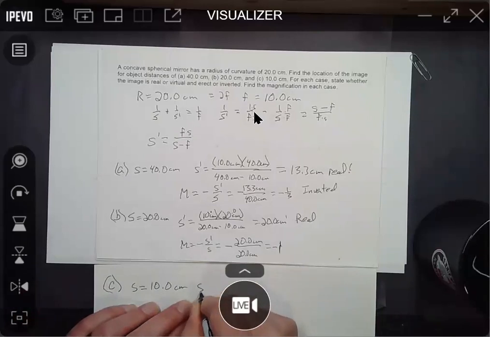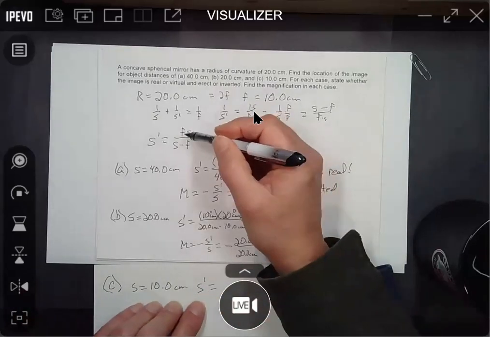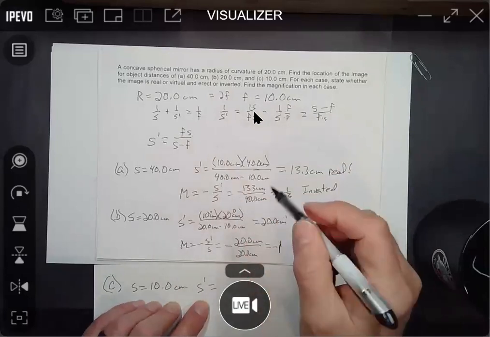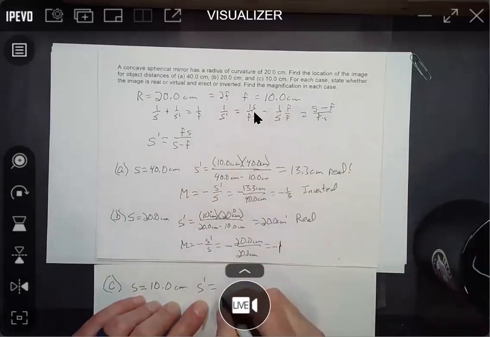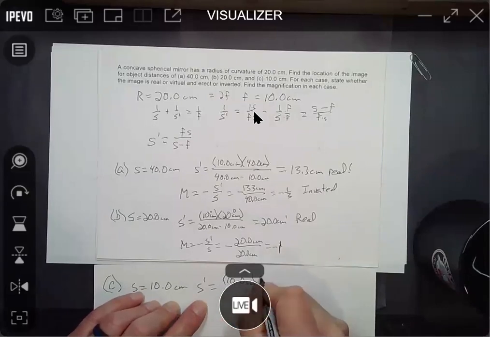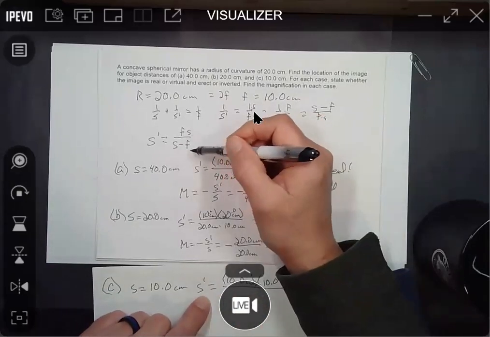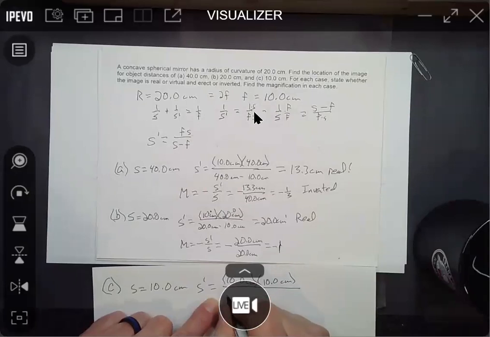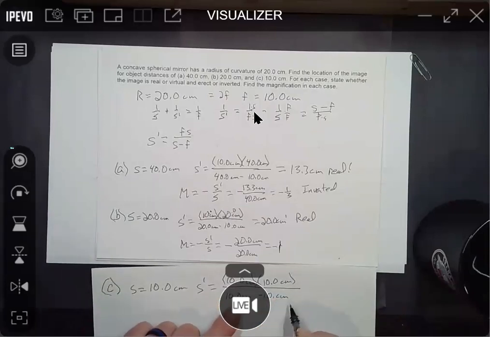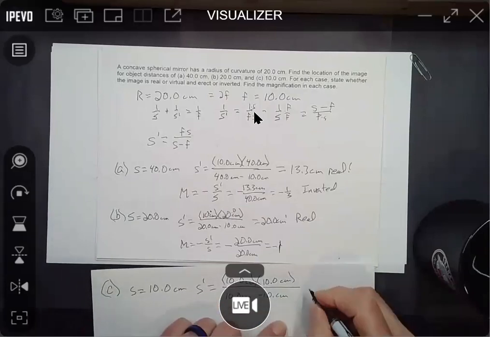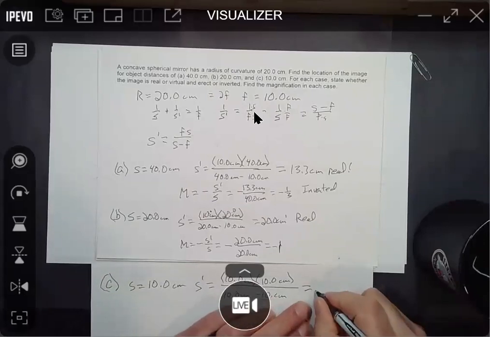And in that case, S prime is going to equal F times S. So it's going to be 10 centimeters times 10 centimeters on top. And on the bottom, I'll have S minus F. Oh, well, that's going to be 10 centimeters minus 10 centimeters. I think that's 0. And if you divide by 0, it's undefined.